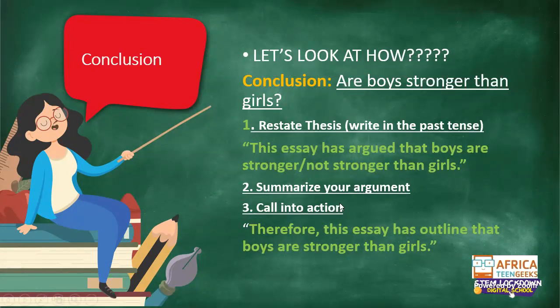Then you call into action. How do you call into action? For example, therefore, this essay has outlined that boys are stronger than girls. Basically, you end your essay with the points that you've been trying to argue, to put emphasis on everything that has been said in your essay already.